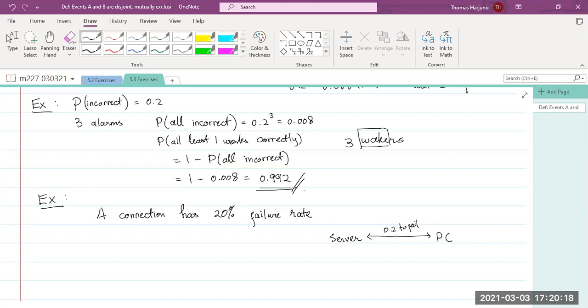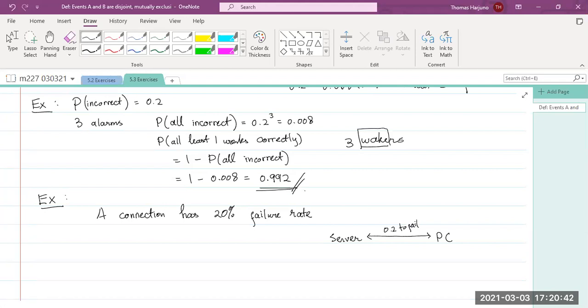And how to improve the connection? Do we buy a new router? The answer is no. That's actually one way, but that's not the only way. And it turns out that may not be the best way. Another way to do that is this. You can use the same router.